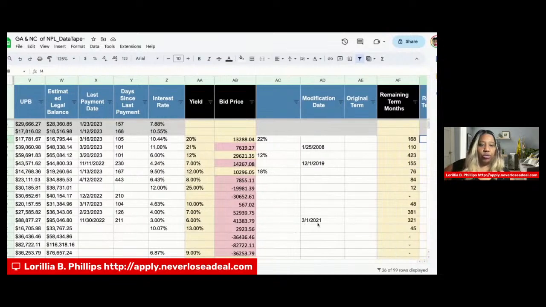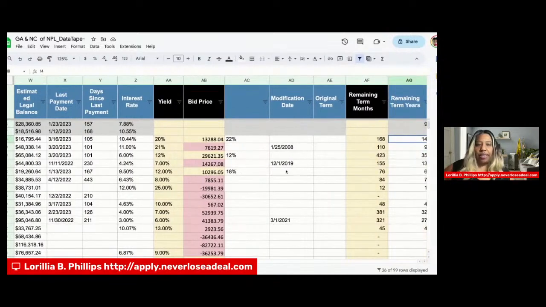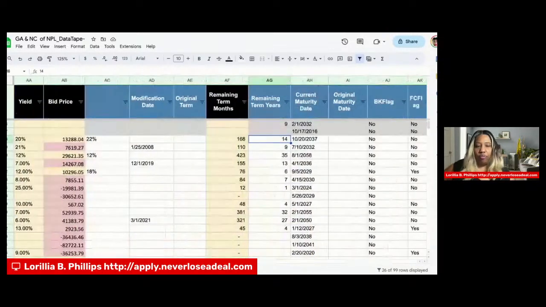Now, as you notice, there are some things that are missing. This particular asset manager was able to give me the dates that things got modified. Some of these assets got modified, as you can see, in 2008, this one in 2019, this one in 2021. So it kind of threw off my numbers.